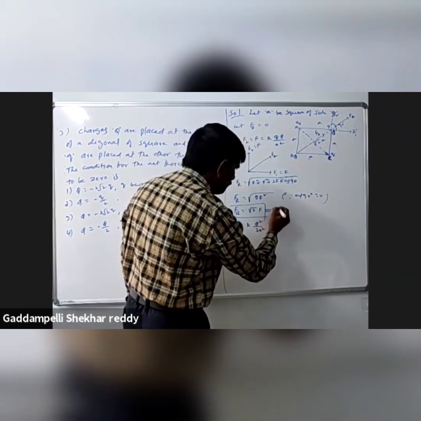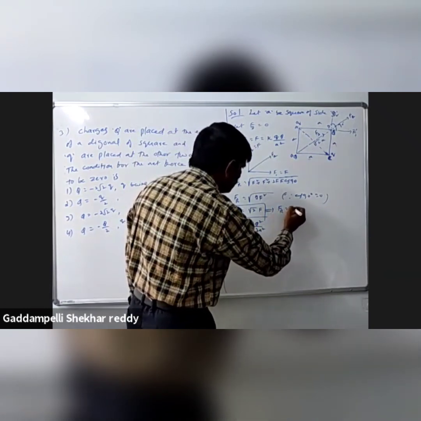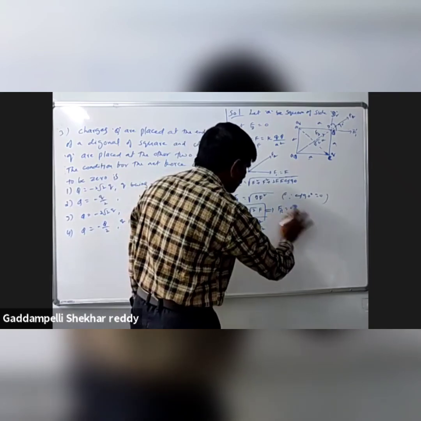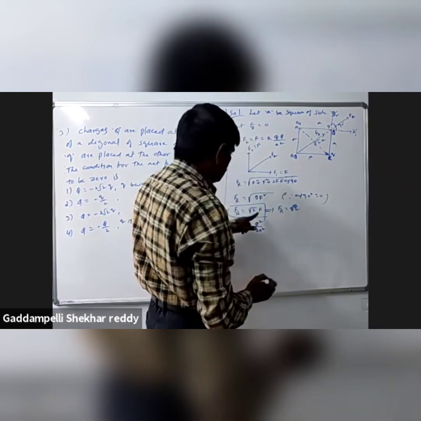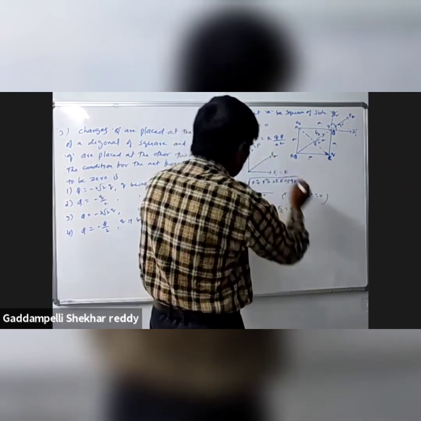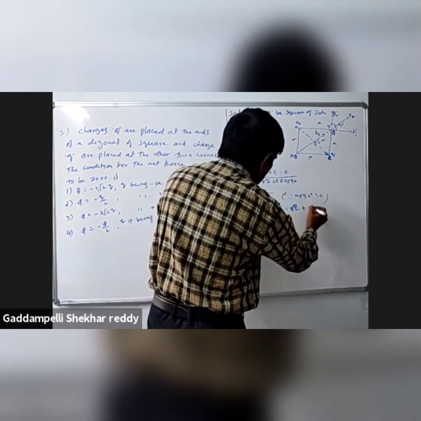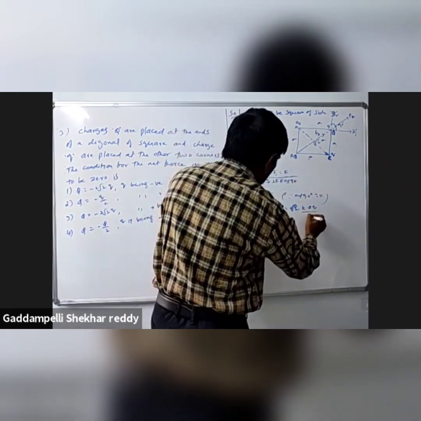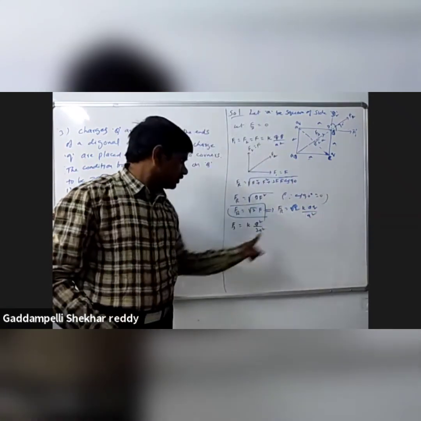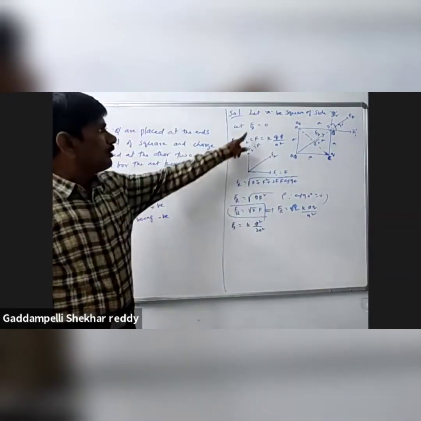So here F is equal to K Q q by a square. F4 is this one, F3 is this one. Now, the net force how much?